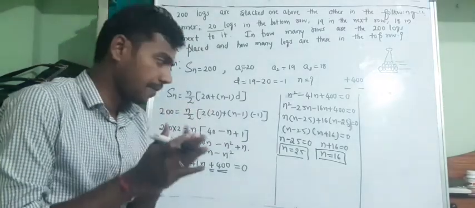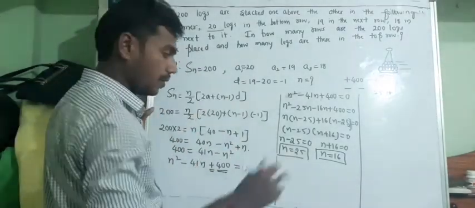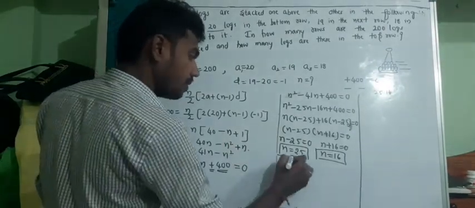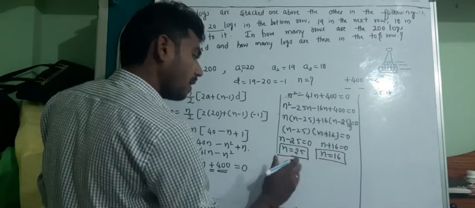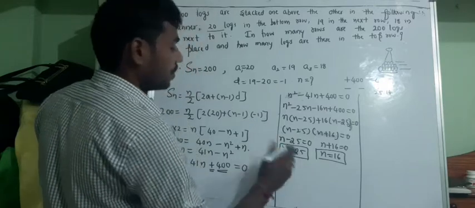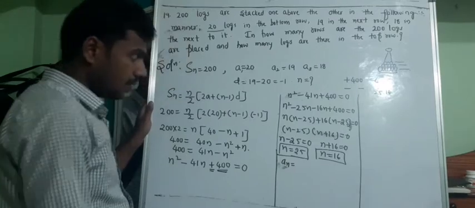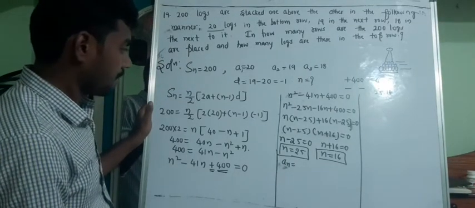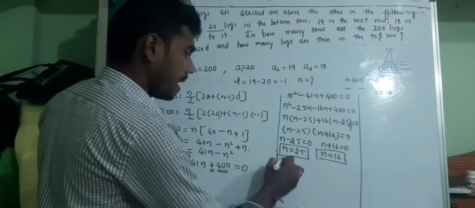We need to verify. See, if I consider there are 25 rows, so what can I write? Keep this as it is.